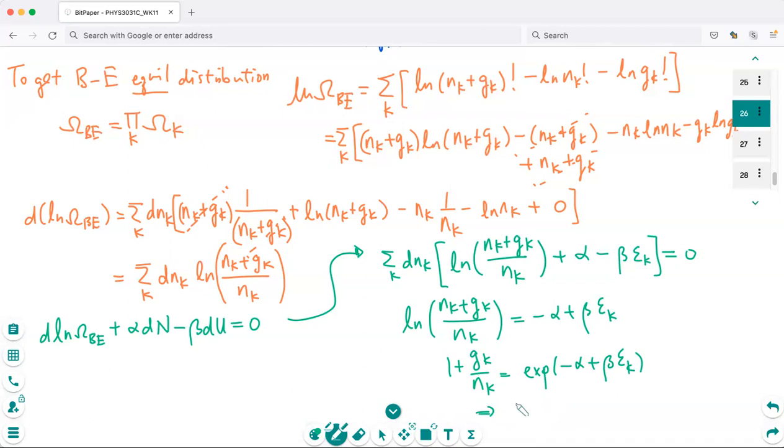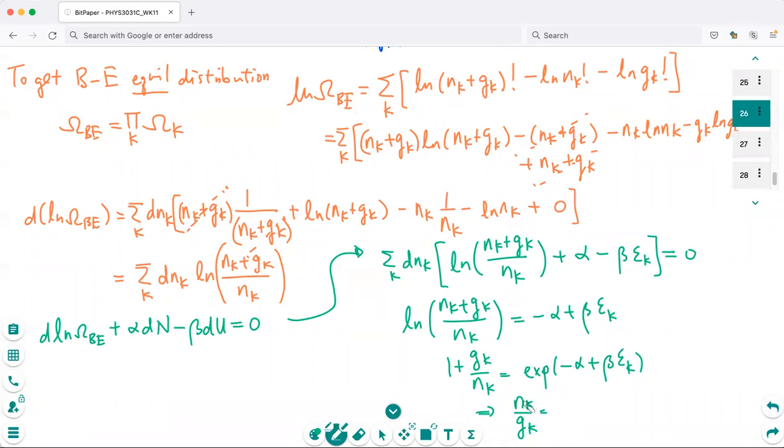Okay, so the distribution function is commonly written like this. So I have nk divided by gk. That's what I like to have, right? For the Boltzmann distribution, you also have something like this. You want an expression for nk. So there you have nk is A times gk, g sub k, times the Boltzmann factor. So I want to do something similar.